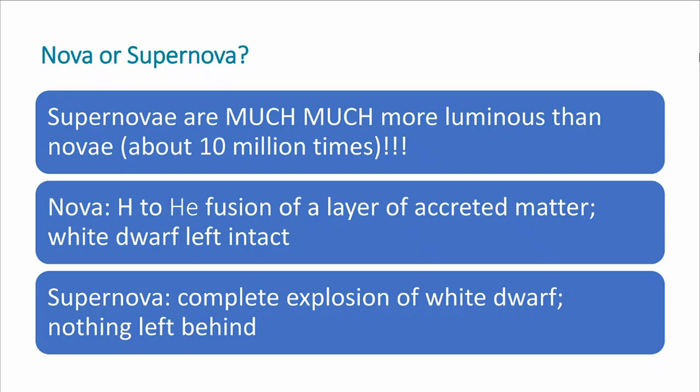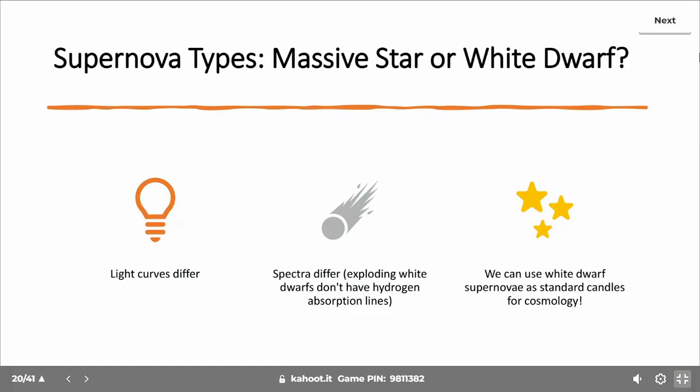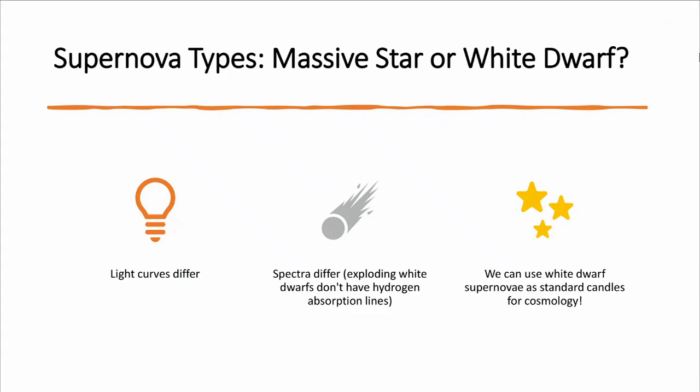So the same white dwarf can do novas several times. But if the white dwarf is in a supernova, then it completely blows itself apart, and there's not going to be anything left behind.